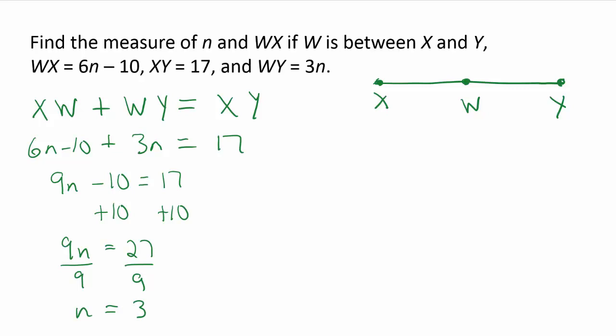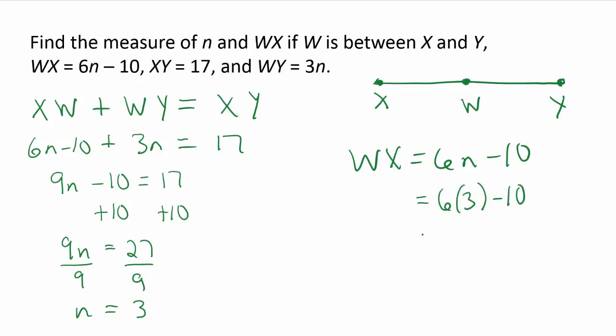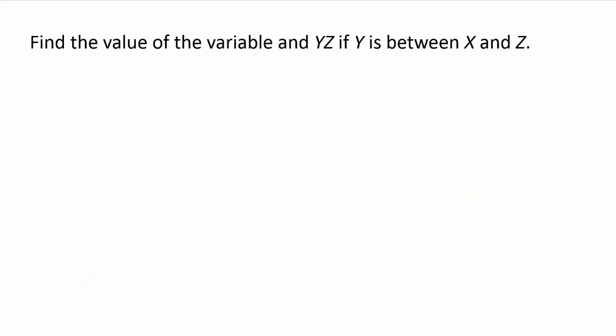Finally, we need to plug N back into WX. And if you remember, WX is equal to 6N minus 10. N equals 3, so we plug that back in. 6 times 3 is 18, minus 10, and WX equals 8.